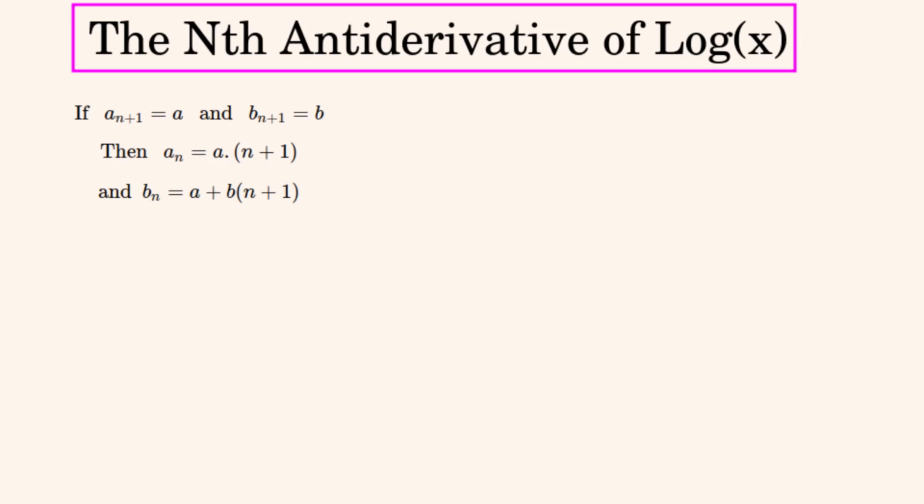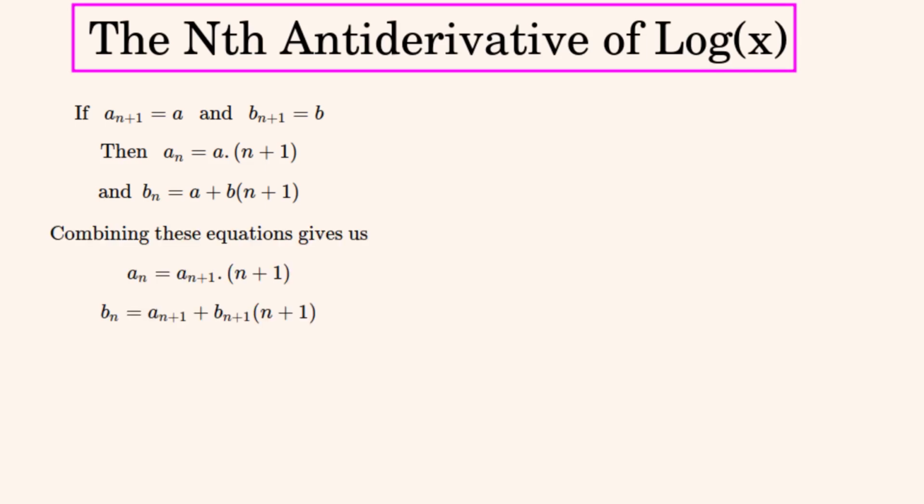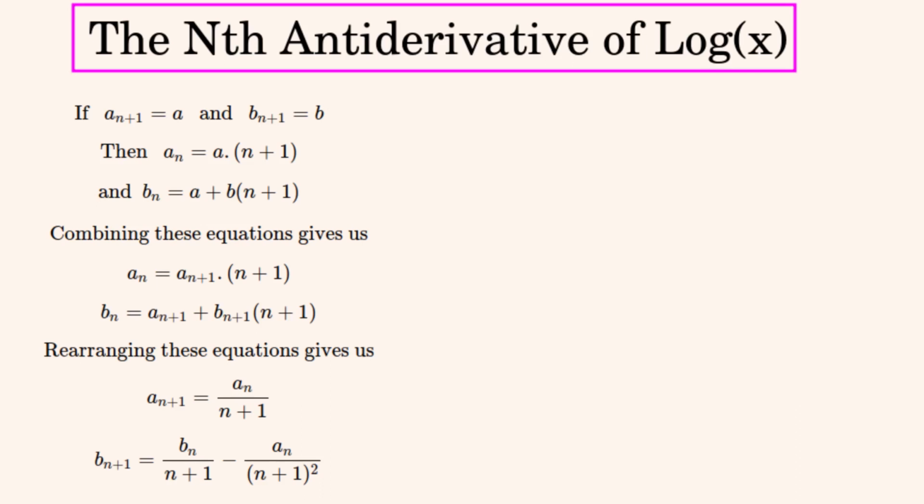We'll firstly get these equations, and then we can combine them to give us these equations. This is the first pair of constants in terms of the next pair. We can rearrange them so that these constants are the subjects of these equations. So this is how to calculate the next constants from the previous constants that give us the next antiderivative.